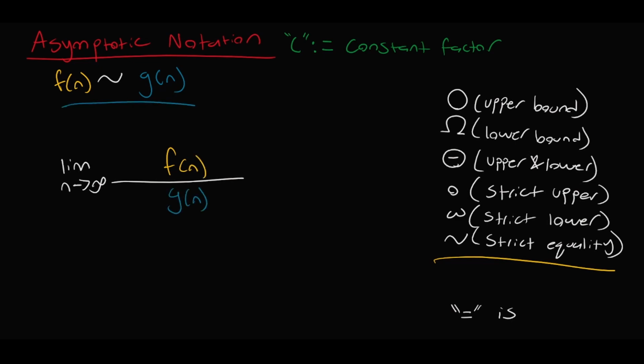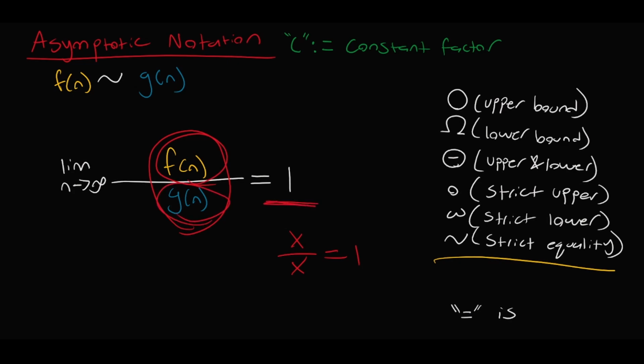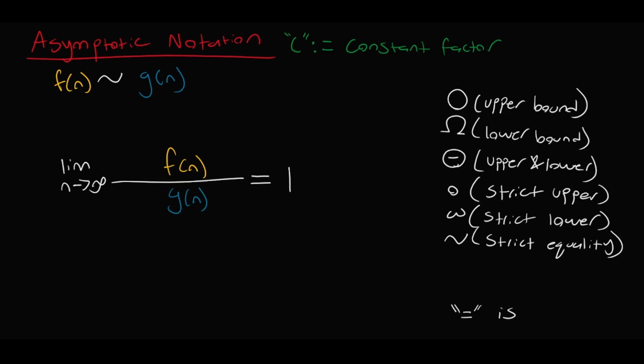If these are strictly equal, that means f of n over g of n equals 1, as x over x equals 1. If they are strictly similar and have the same runtime, the ratio of them should just be 1. This is to say they are strictly equal. That is the tilde, asymptotic equality.